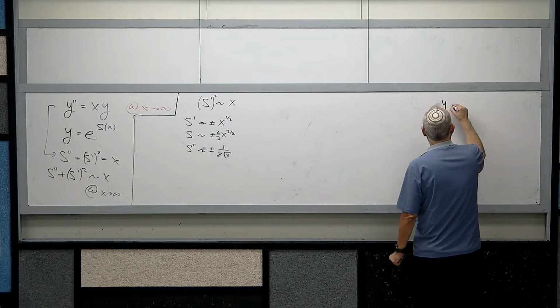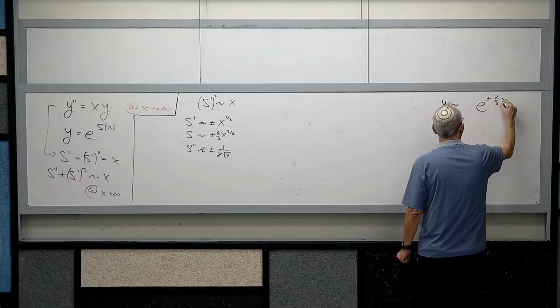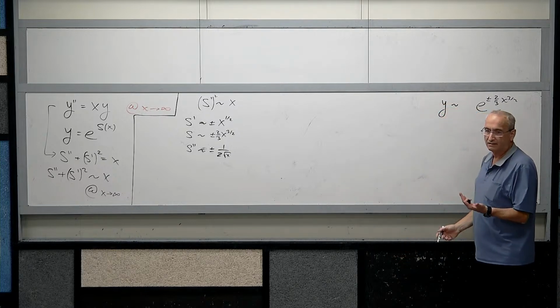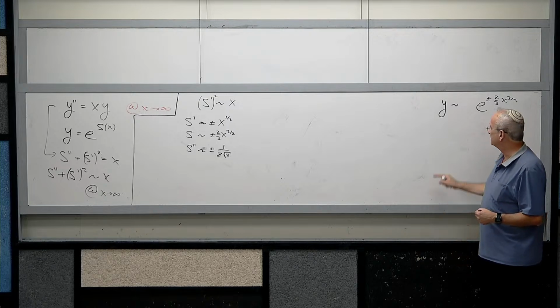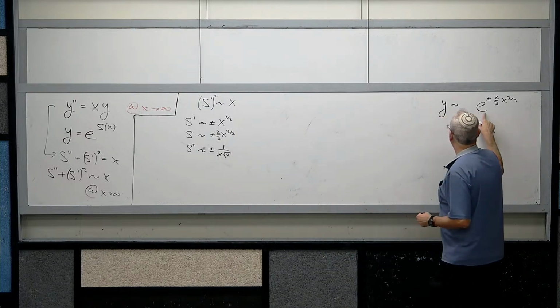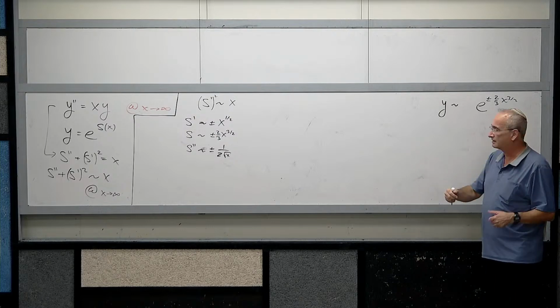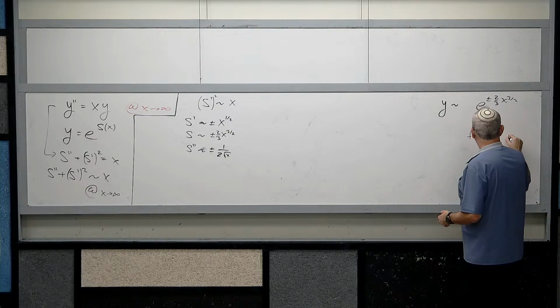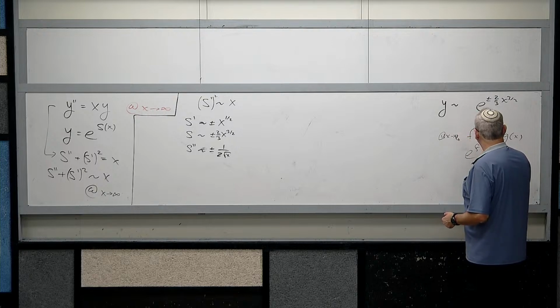then we expect y to be asymptotic to e to the plus minus 2/3 x to the 3/2, because y is e to the power of s. But as we stressed in the last lecture, while this looks true, this is not true. Why? Because if f of x is asymptotic to g of x as x goes to x naught, this does not mean that e to the f is asymptotic to e to the g.